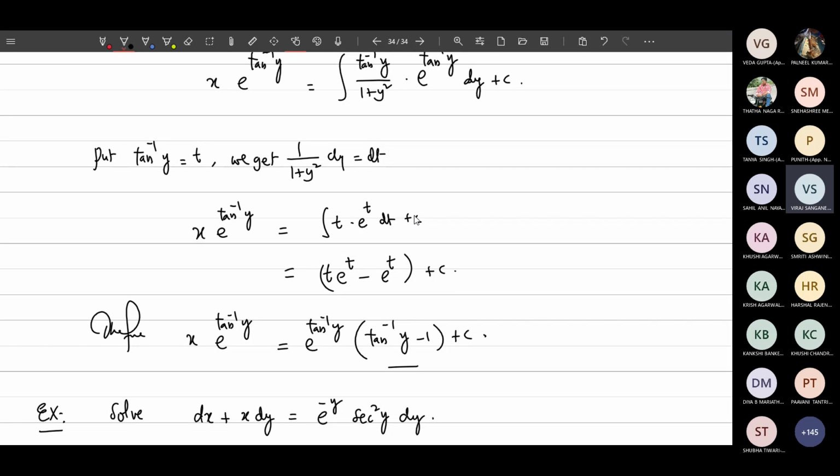So the next one, call it equations reducible to Bernoulli, something like that. I will do it here.